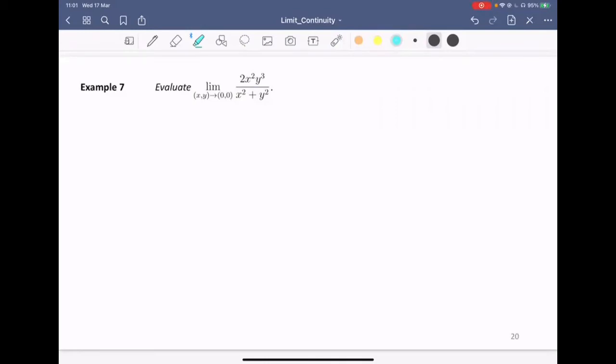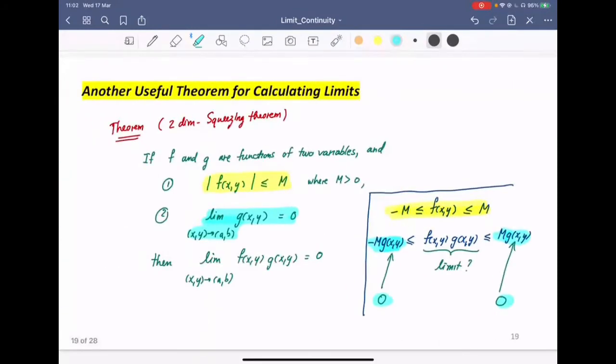Nachakiet asked: is it necessary that f is bounded by m at the point (a, b)? When we say the function is bounded, it means bounded everywhere on its domain, not just at the point (a, b). Being bounded at the point (a, b) is not enough.